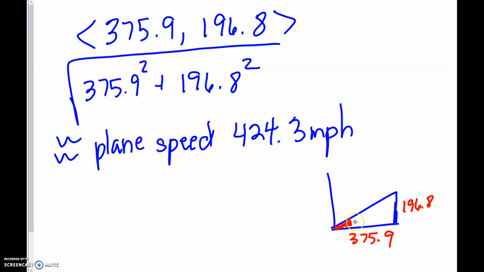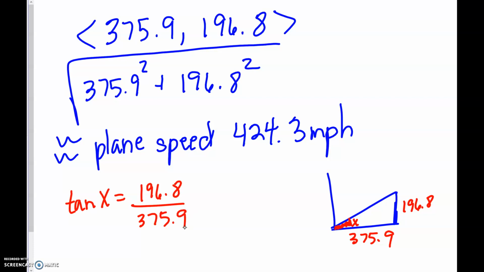So if we're trying to find this right here, we have opposite and adjacent. And what ratio gives us that? So we're going to have the tangent of x is the side opposite, 196.8, over adjacent, which is 375.9.